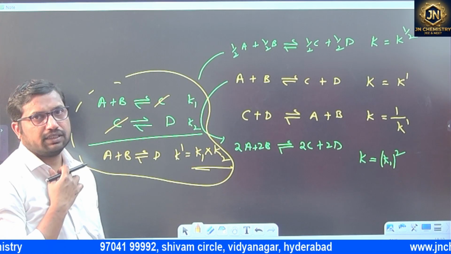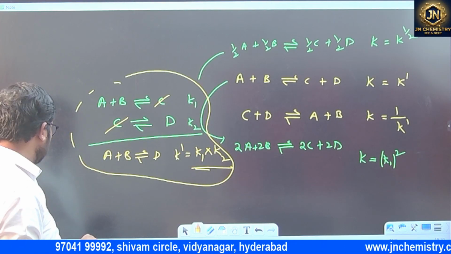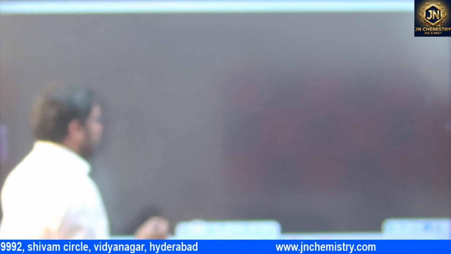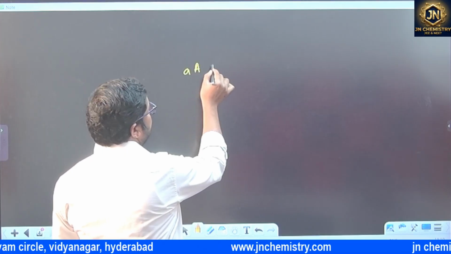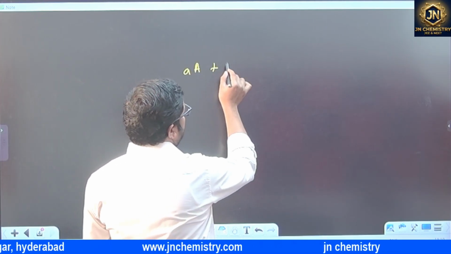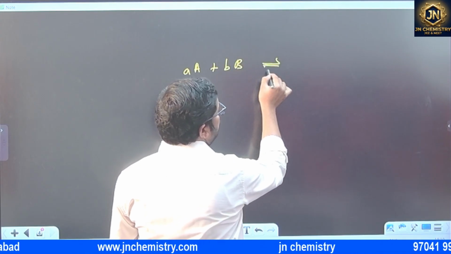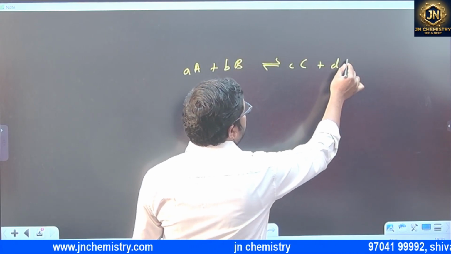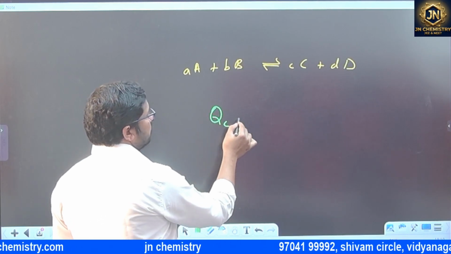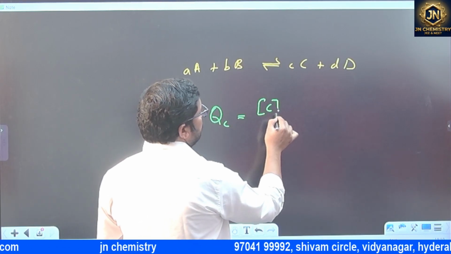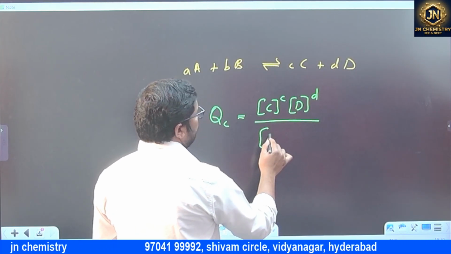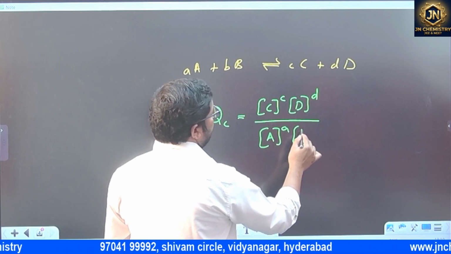So these things we discussed in the last classes. Qc, for aA plus bB gives rise to cC plus dD. How can we write the Q? Reaction quotient. Same like C power c, D power d by A power a and B power b.